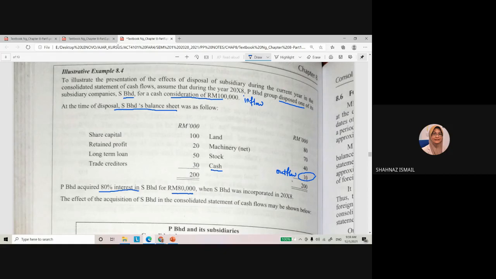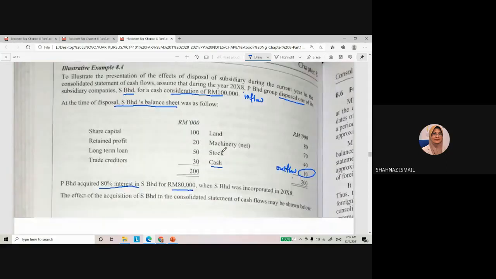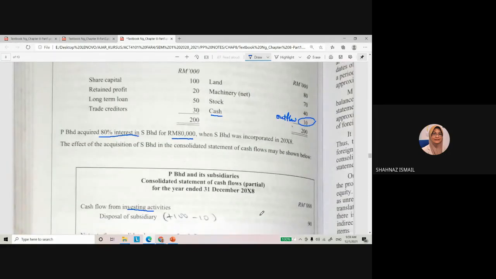Sebab kita jual, kita dapat duit, inflow, kita jual, duit dalam company tu keluar, dalam S Berhad keluar, okay, maka ianya adalah outflow dan again kita boleh letak sebagai net figure kat sini dan kali ni ianya adalah positif. Kalau tak nak letak net figure pun boleh, you boleh letak secara berasingan, you boleh letak sebagai inflow of 100k and outflow of 10.